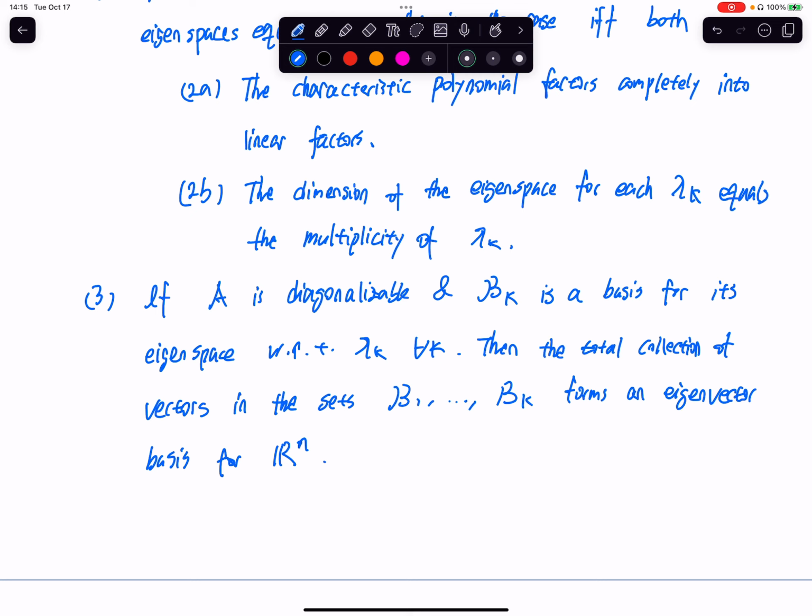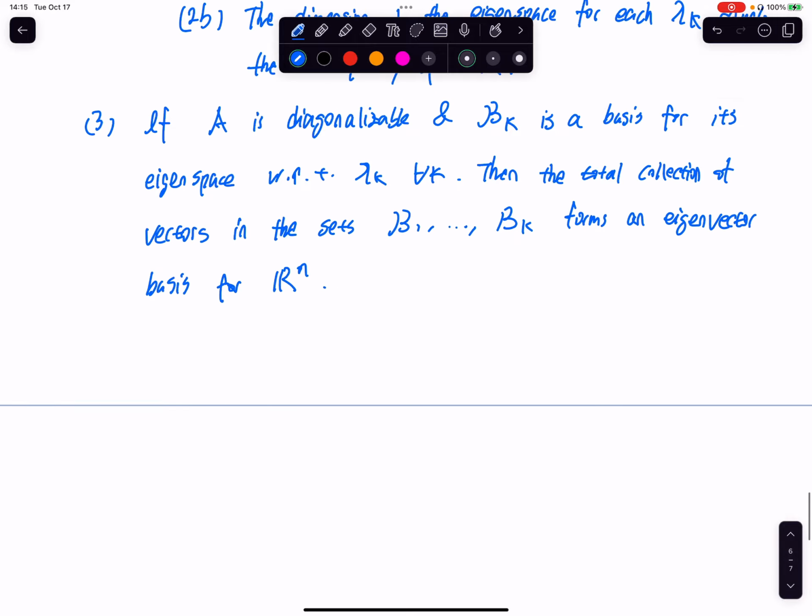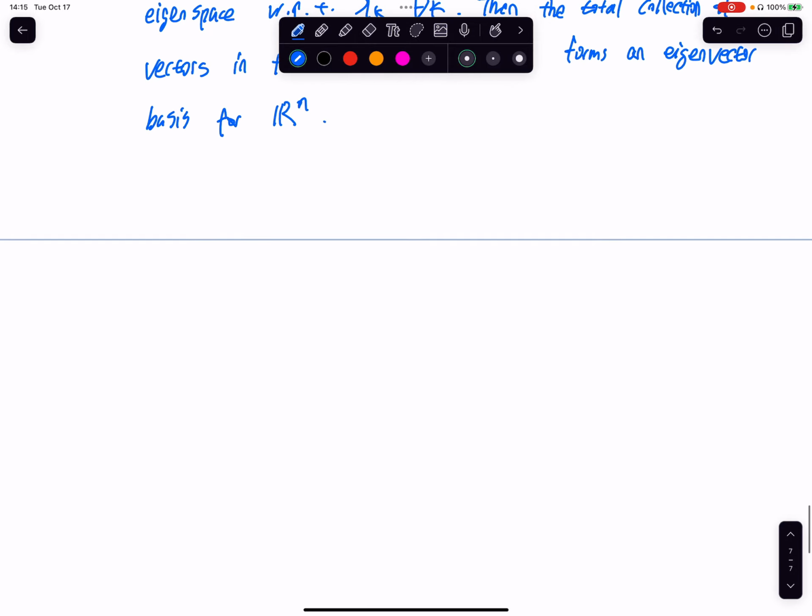And now let us move to the eigenvectors and the linear transformations. So we need to understand the matrix factorization A equals PDP inverse as a statement about linear transformations.